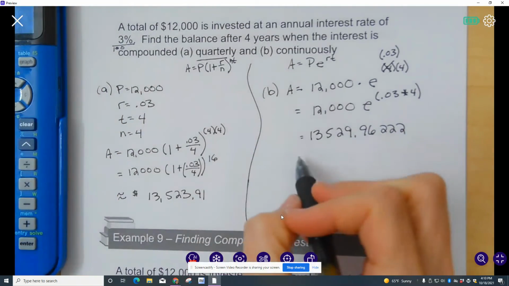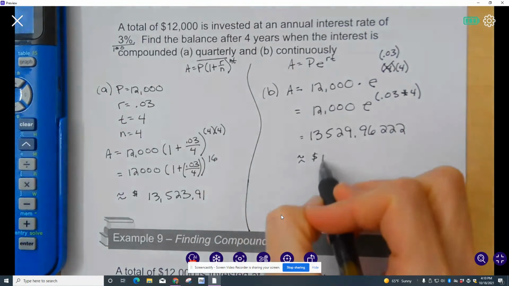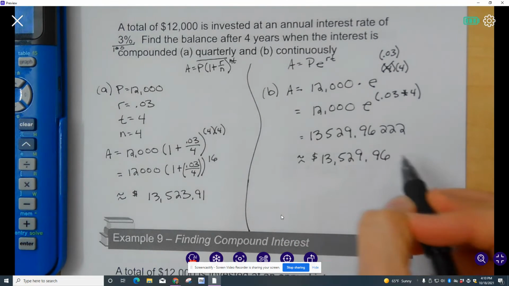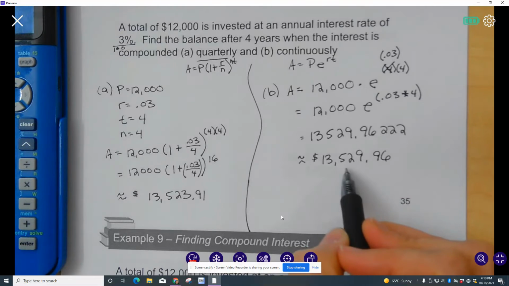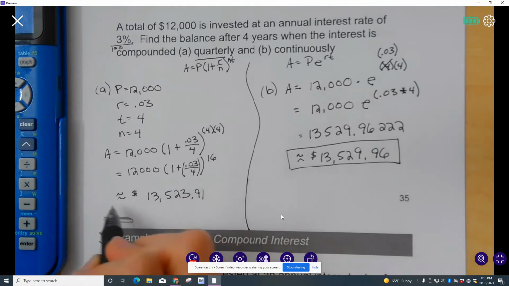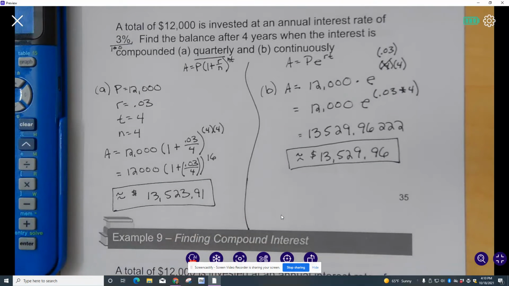And that is approximately $13,529.96. So you can see this is slightly better. The PERT answers are always going to be slightly higher than your compounding answers.